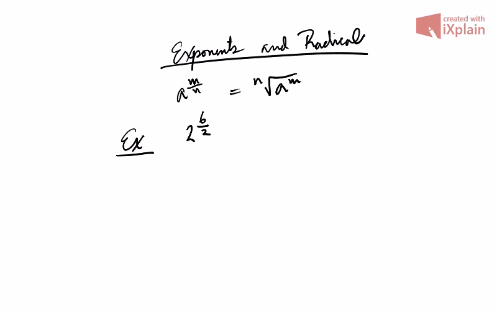Now, the cool thing about this is we've got some weird things that occur. If we follow this concept right here, we've got the square root of 2 to the 6th power.